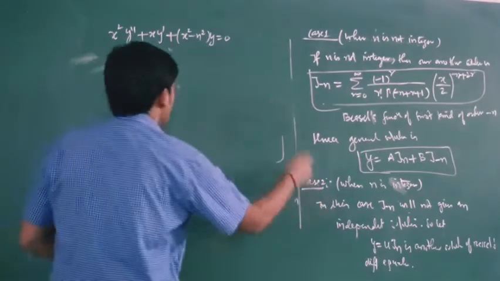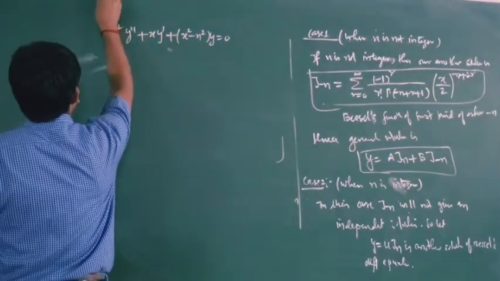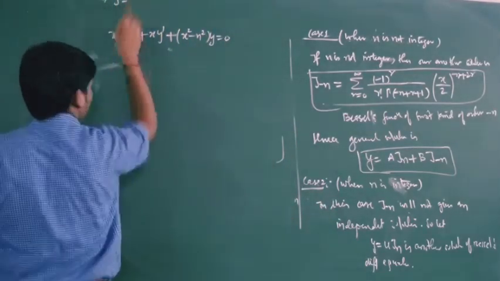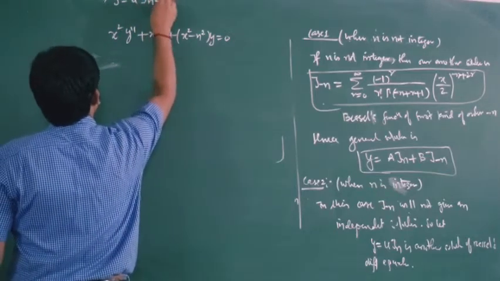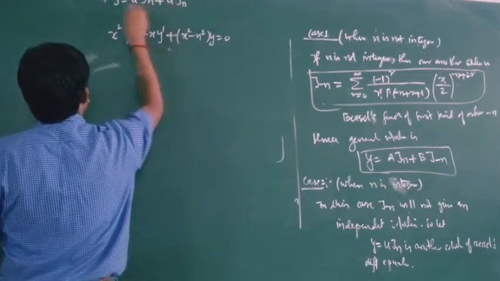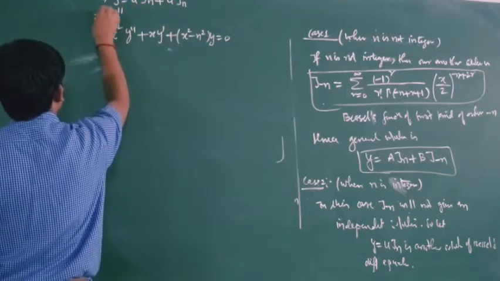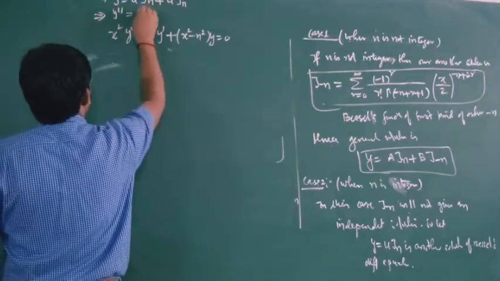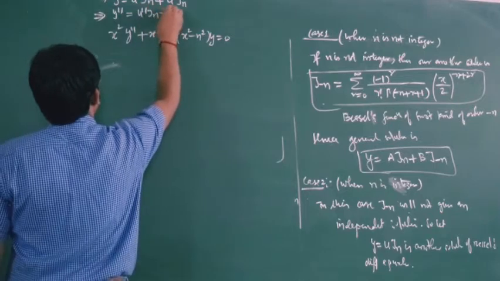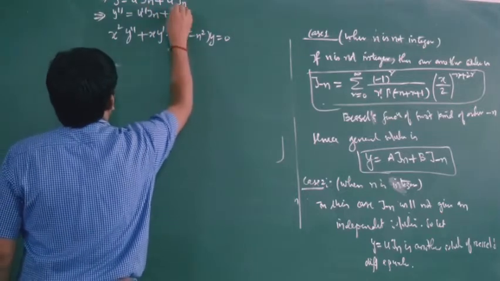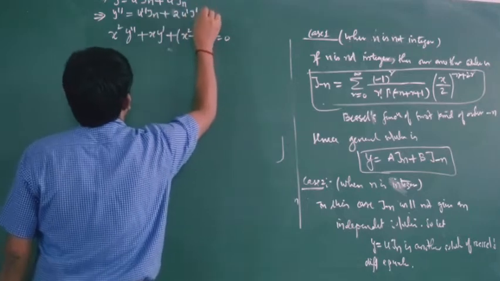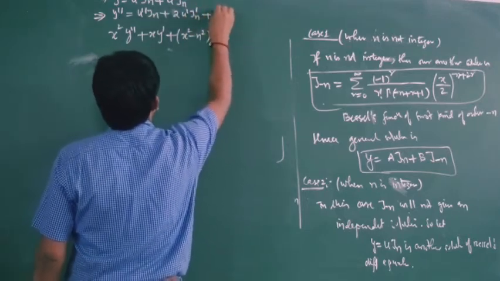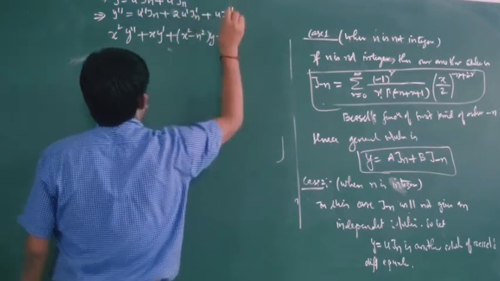So y dash will be u dash Jn plus u Jn dash, and y double dash will be u double dash Jn plus 2 u dash Jn dash plus u Jn double dash.